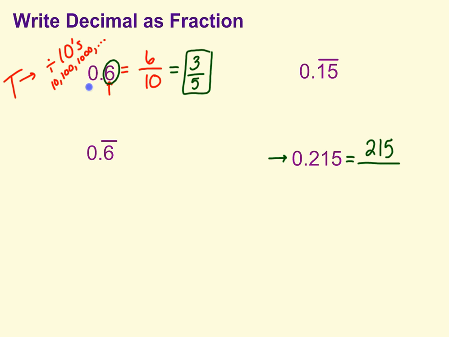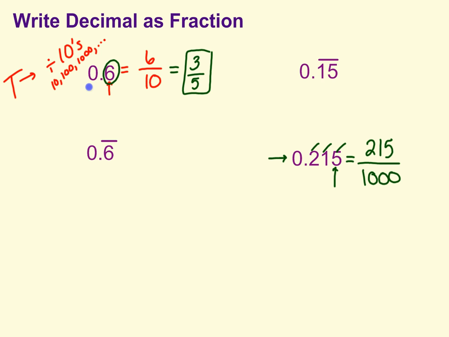Now if I'm doing the shortcut with the zeros, I can see it's 1, 2, 3 numbers after the decimal, so I'm going to divide it by the number that has 1, 2, 3 zeros. I'm going to divide by 1,000. The other way to look at that is, which place does it end in? You have your tenths, your hundredths, your thousandths spot, so you divide by 1,000. So we have 215 divided by 1,000.